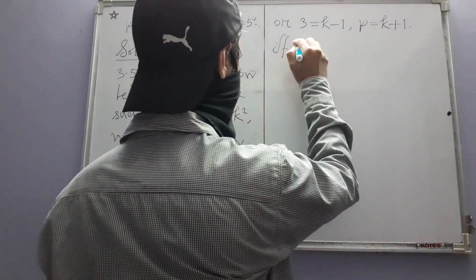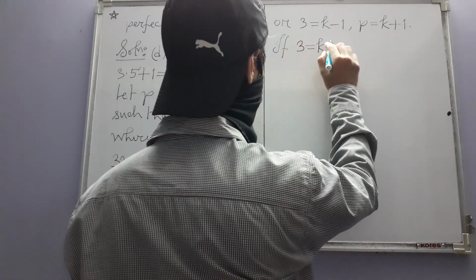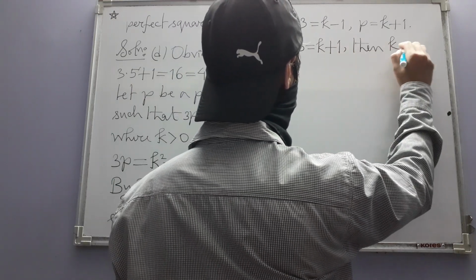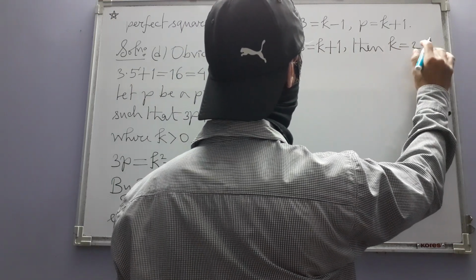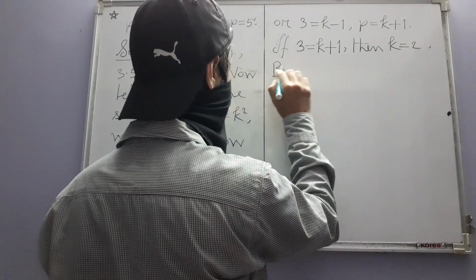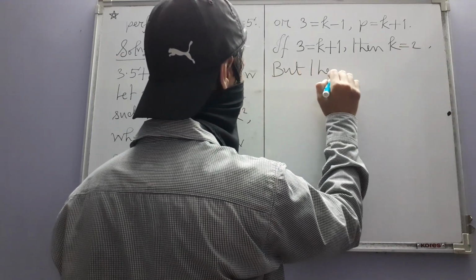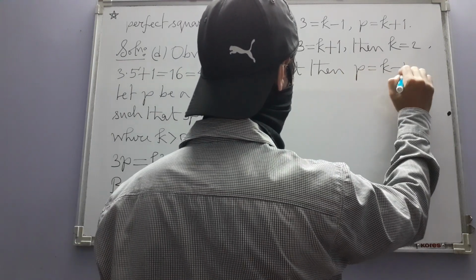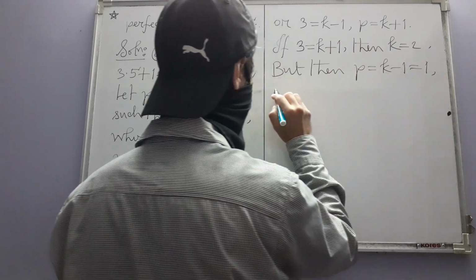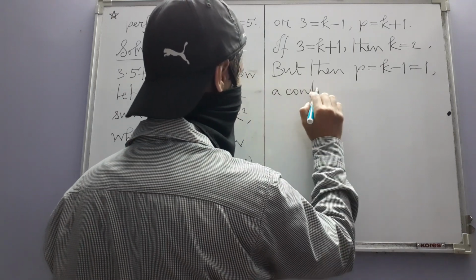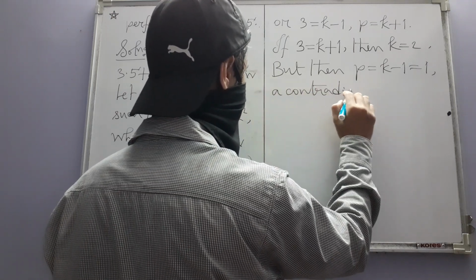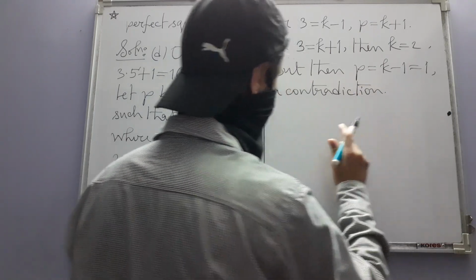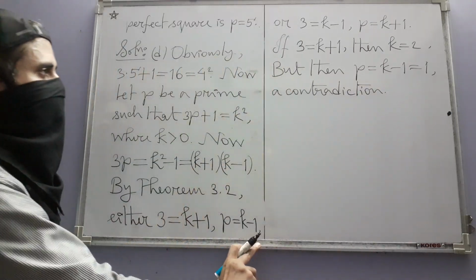If 3 is equal to k plus 1, then k is equal to 2. But then p is equal to k minus 1 is equal to 1. A contradiction. So that means we cannot have this.